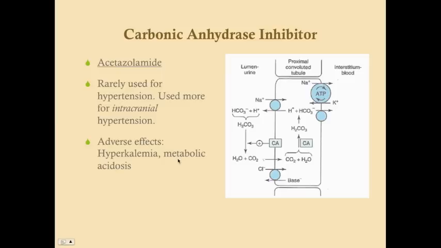And so the number one adverse effect of acetazolamide or any of the carbonic anhydrase inhibitors is metabolic acidosis. And like any metabolic acidosis, hyperkalemia can precipitate. Remember that hyperkalemia can precipitate from metabolic acidosis or vice versa, and hypokalemia can precipitate from metabolic alkalosis or vice versa.